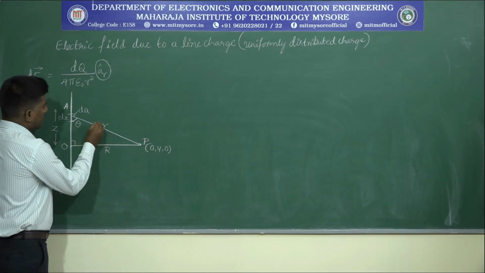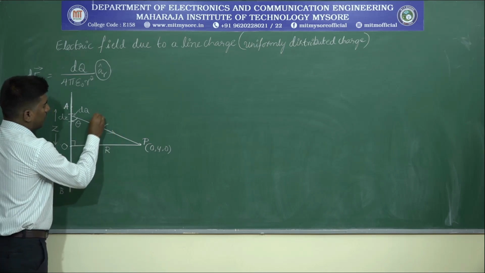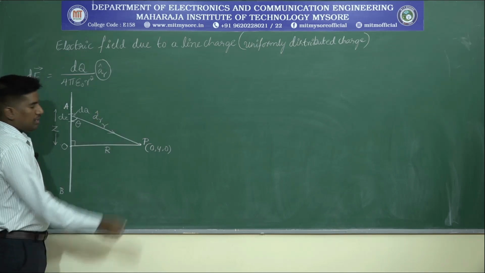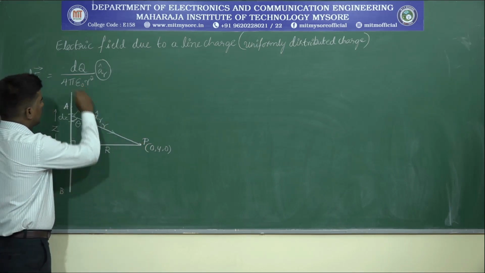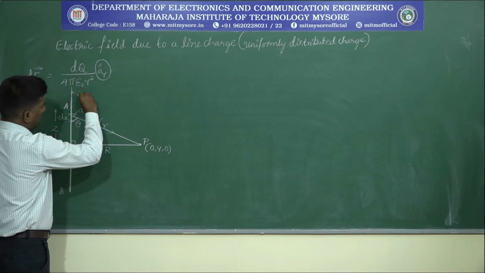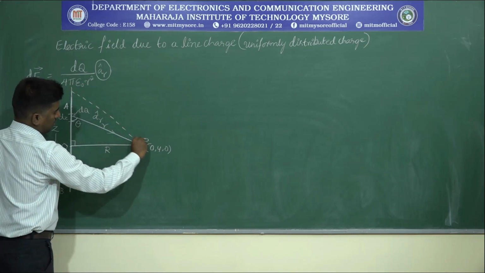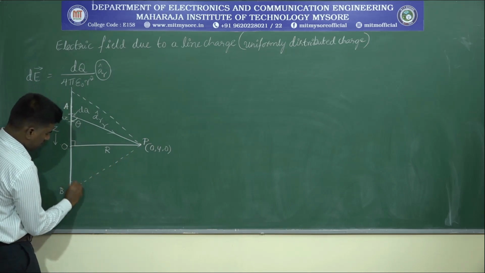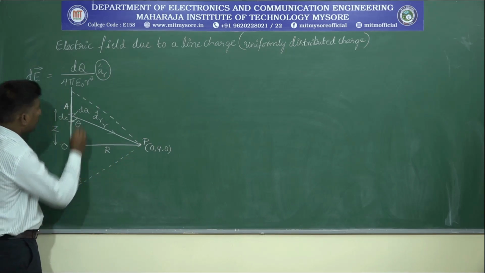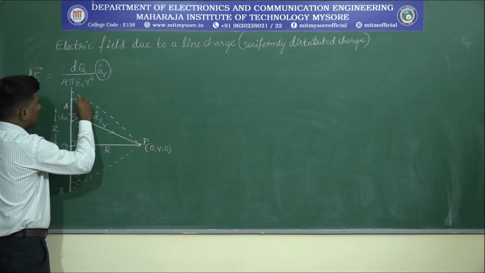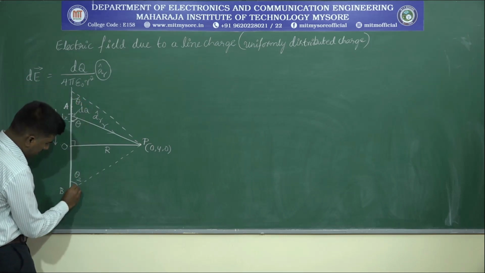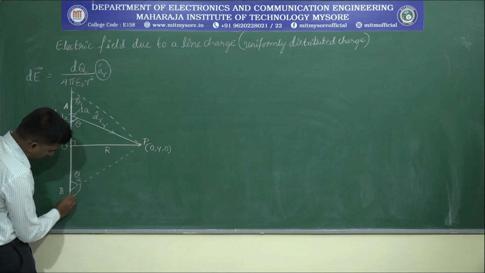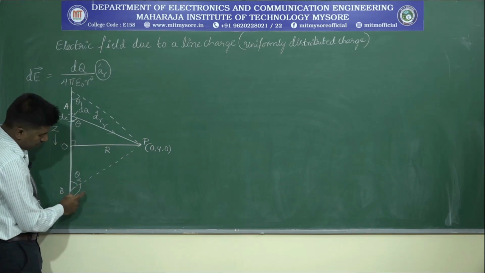So let us resolve this vector. The unit vector is a cap r. Resolving this vector gives the resultant like this. This angle is theta 2 and this angle is theta 1. If this angle is theta 2, what about this angle?